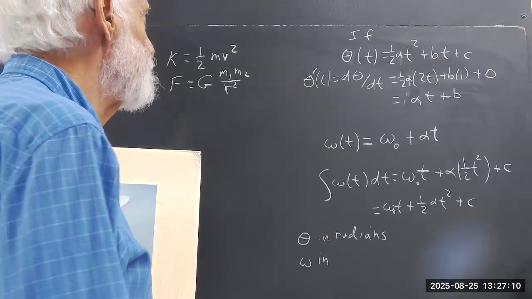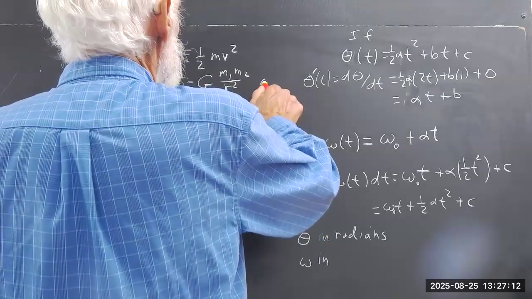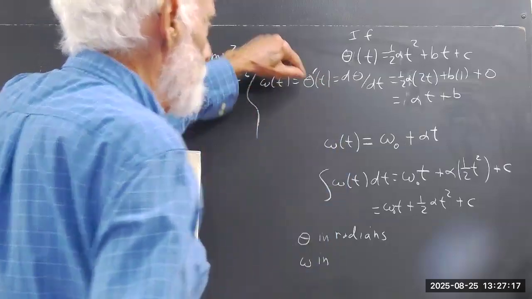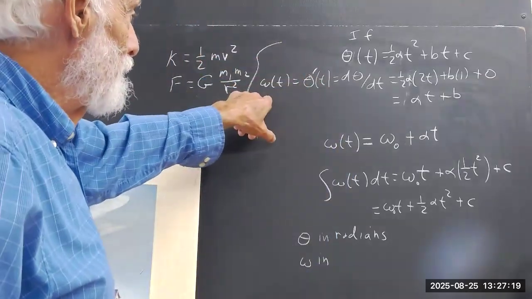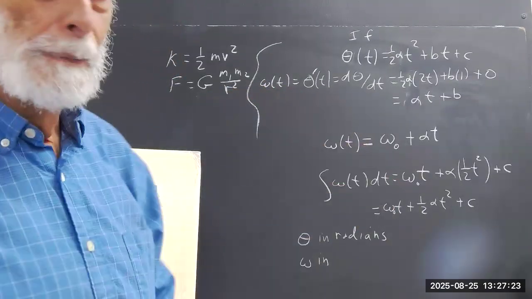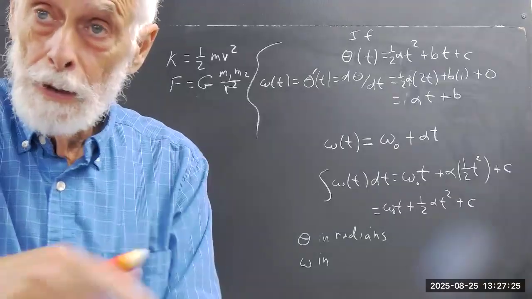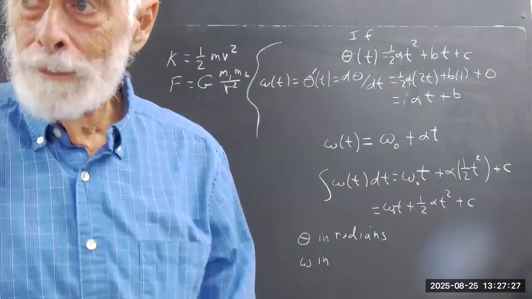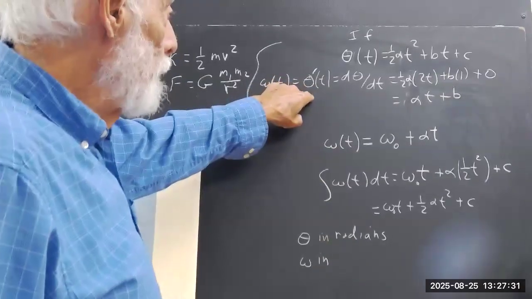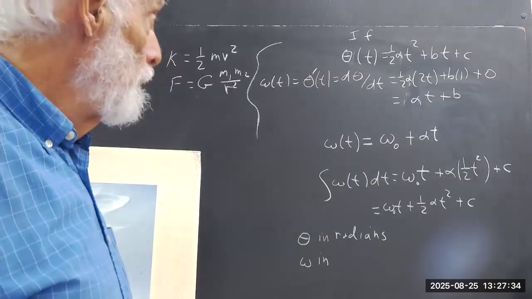Well, at this point now, theta prime of t is omega. So omega is the rate of change of theta. It's the rate of change of your angular position. Now, if omega is the rate of change of theta with respect to time, what are the units of omega?